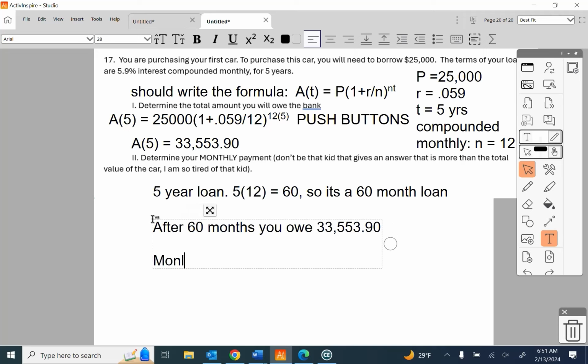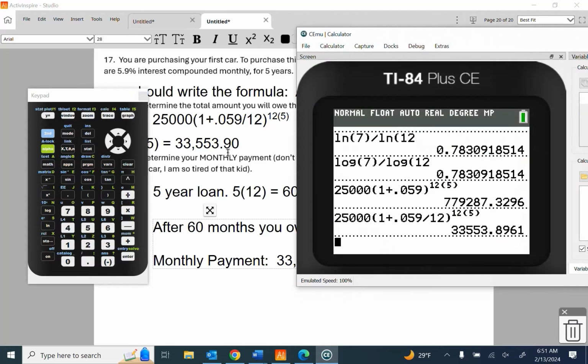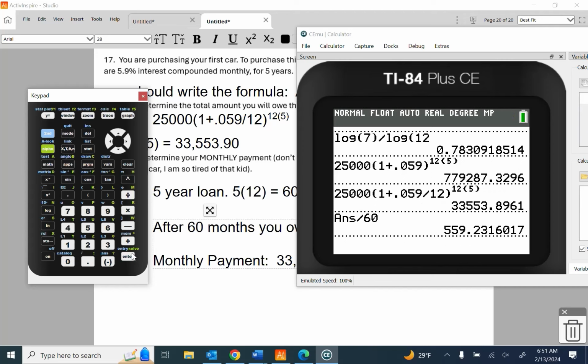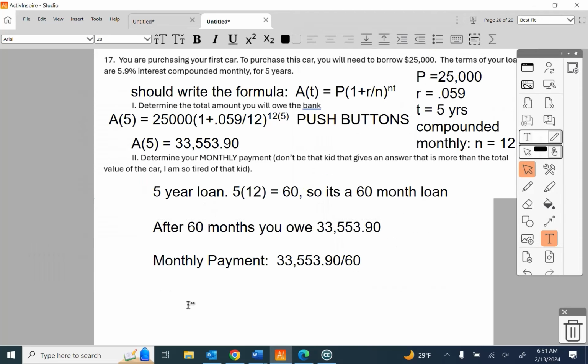So your monthly payment's pretty simple. You just take your 33,553.90 and divide it by 60. That's all you do. So I'm going to hit divided by 60, and I'm going to get 559.23.